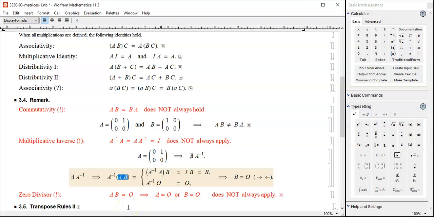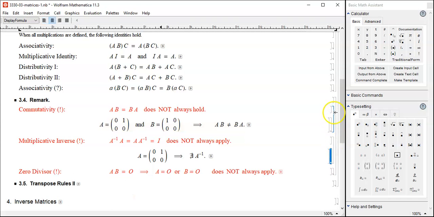Turns out AB is equal to 0, so this is equal to A inverse times 0, as you see down here. And of course, A inverse times the 0 matrix should be the 0 matrix. But then again, using associativity, A inverse times A first, then A inverse times A is the identity I. So this is I times B, so we have just B. Does it mean these two matrices, B and the 0 matrix, are the same? No, not really. We have a non-zero entry there. So there goes a contradiction.